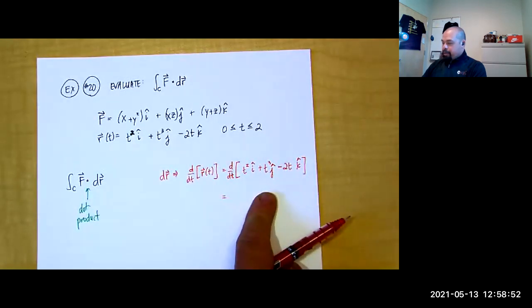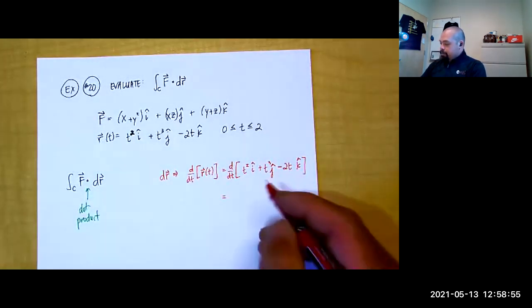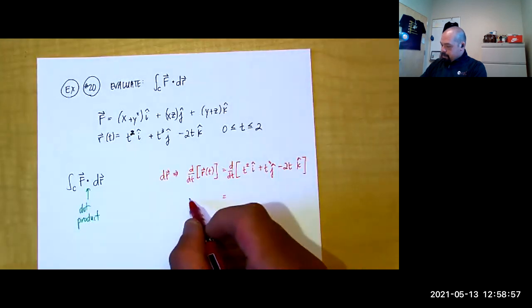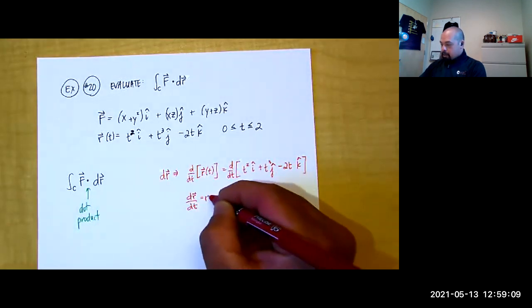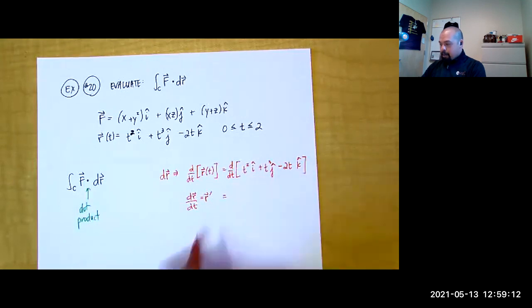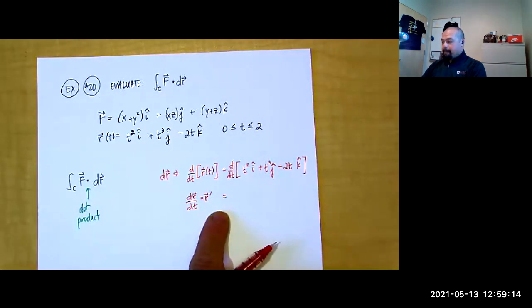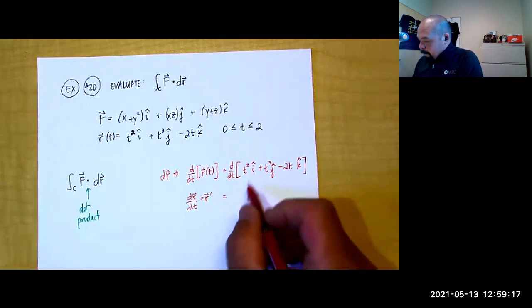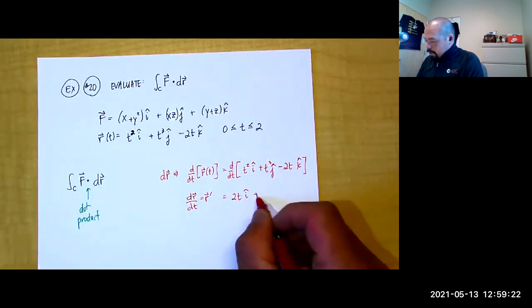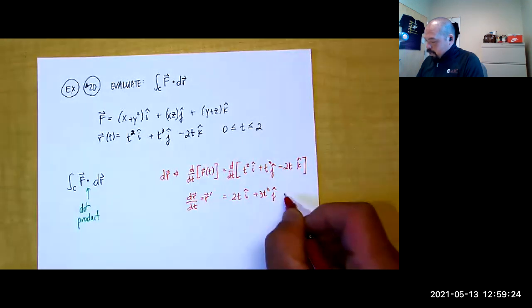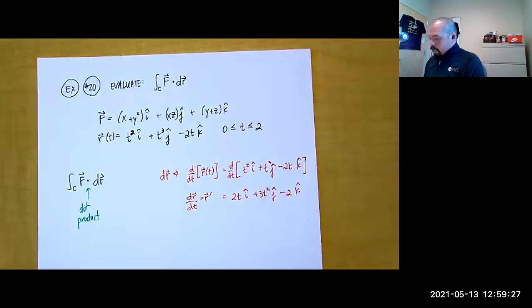So that derivative dr/dt is going to be this r prime, taking a derivative component-wise: 2t i plus 3t squared j minus 2k.